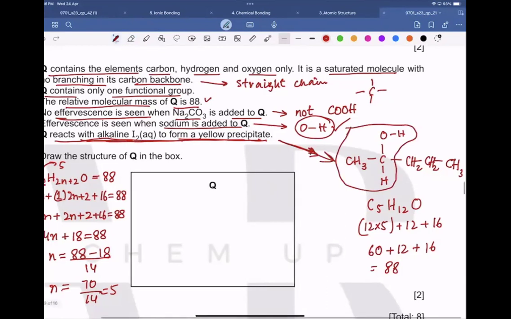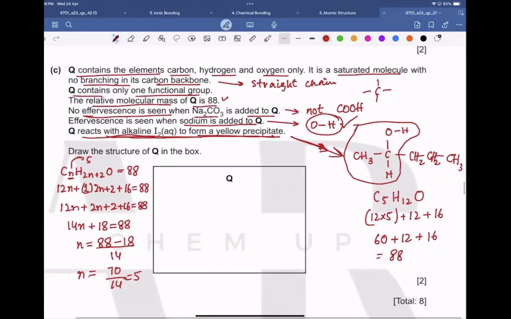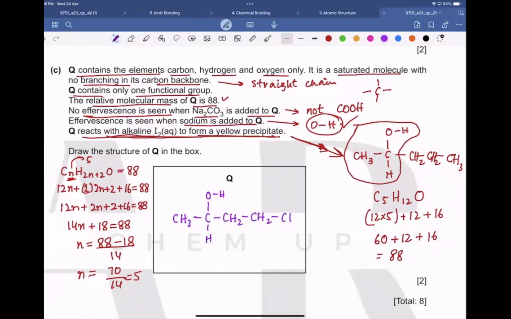Then further, we work to find the number of carbon atoms, and it shows that it's a straight chain, right? So the structure would be CH3, C having an OH, H, and then CH2, CH2, CH3. Is this clear to all of you?